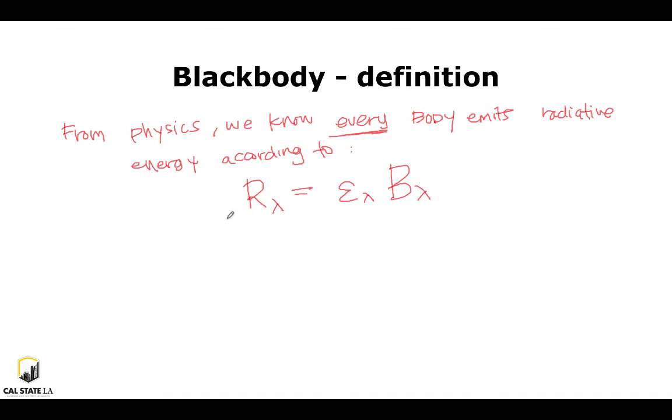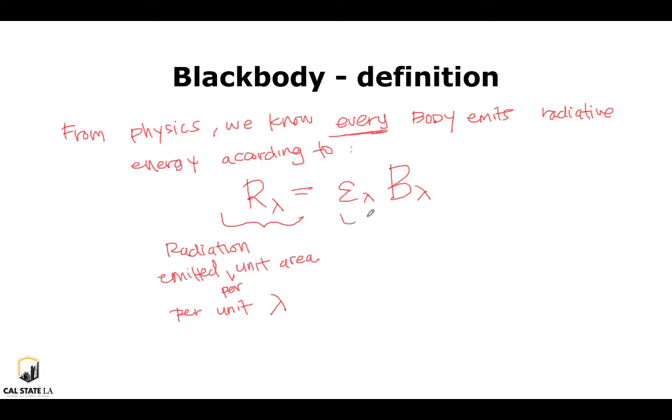So this is your radiation emitted per unit area per unit wavelength.